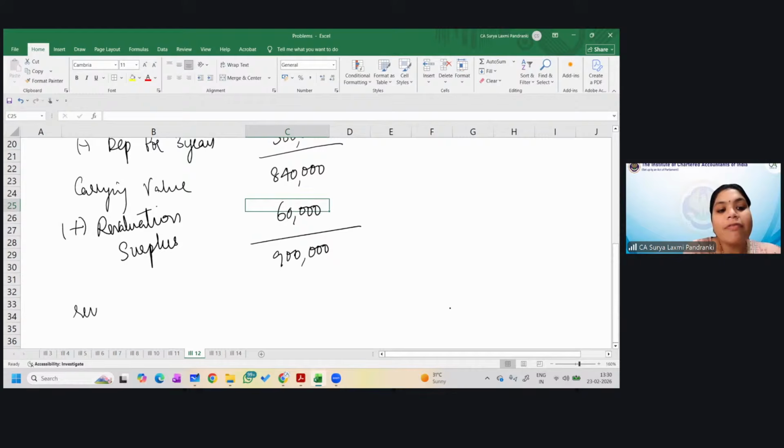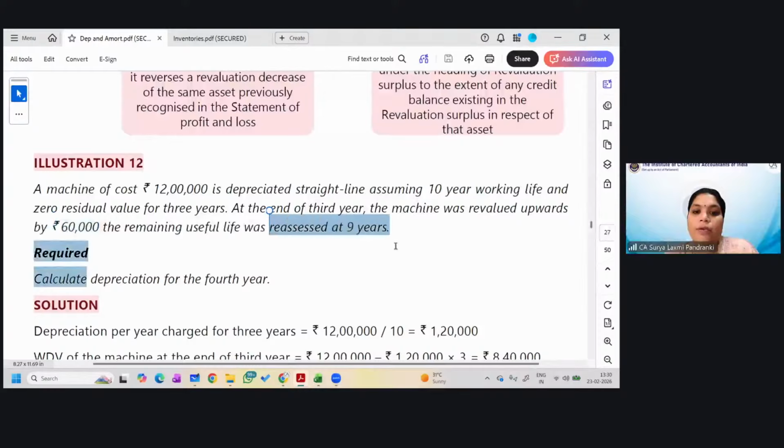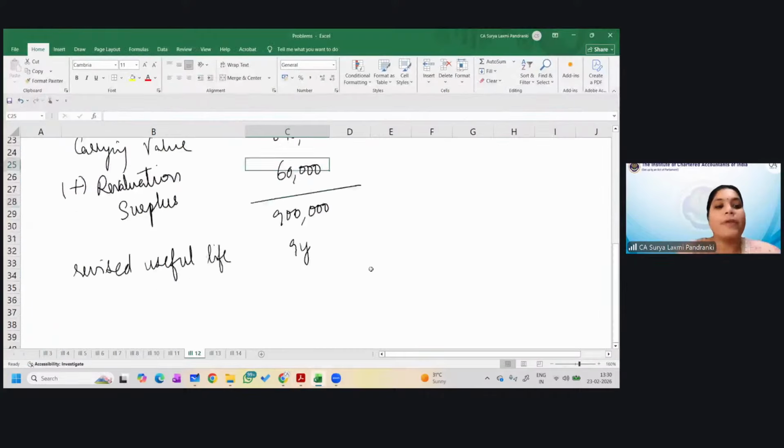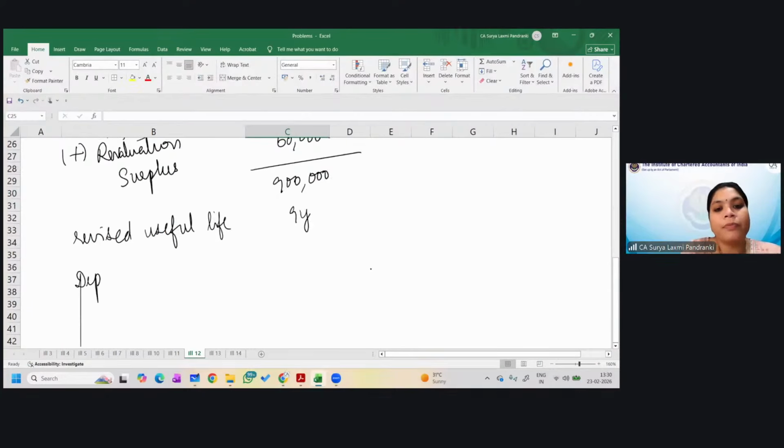Now, what is the revised useful life? 9 years. They gave it in the question. If you can see, they are reassessing the useful life to 9 years. So depreciation will be how much? 9 lakh divided by 9, which is 1 lakh per year.